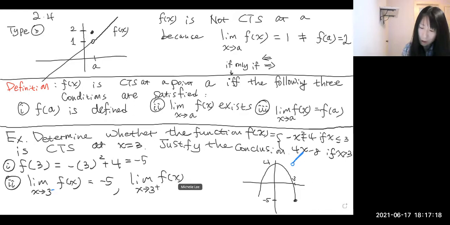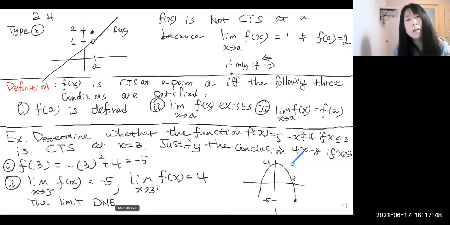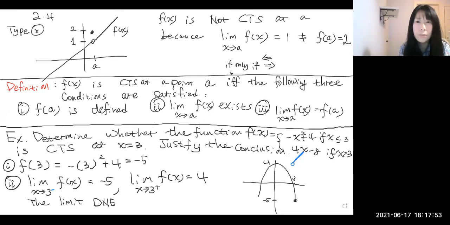It's a 4. They don't agree, so the limit does not exist. Since the second condition is not satisfied, we don't have to check the third one. So we can say it is not continuous at x equal to 3.